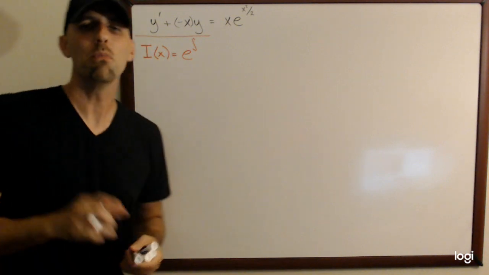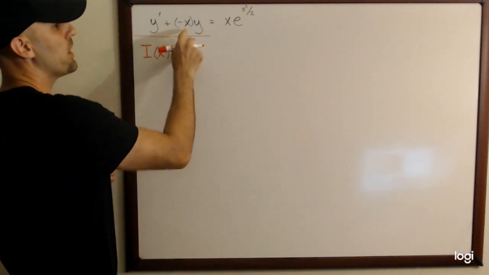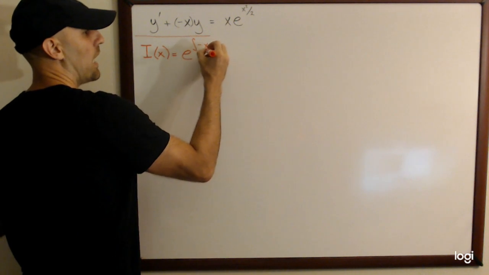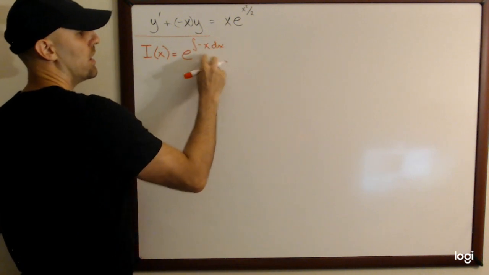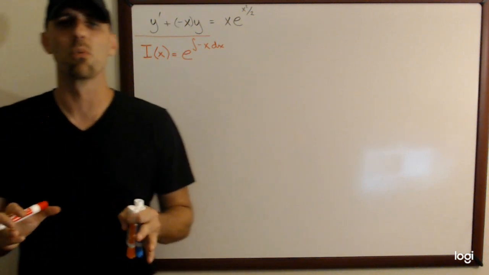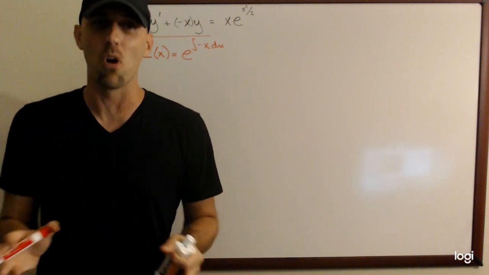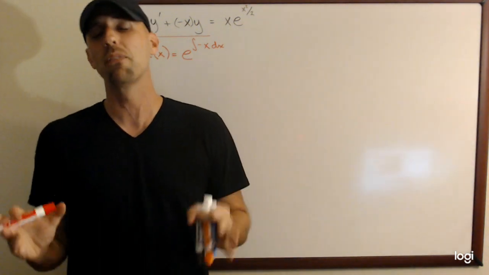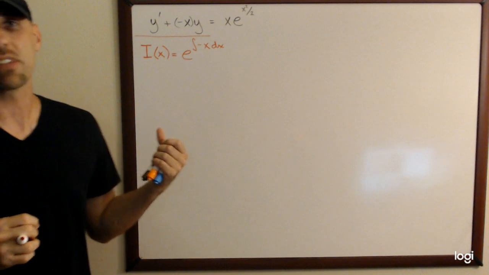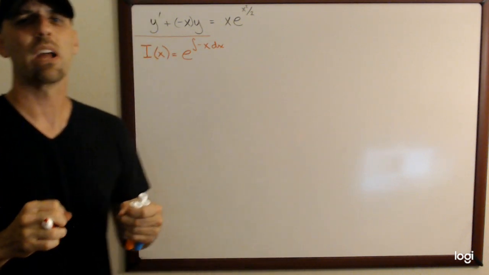If you don't include that negative sign with this function, and hence in your integrating factor, your answer won't come out slightly wrong. It's going to come out very wrong, really far away from a right answer. It's a very common mistake. People make that all the time. So just be aware.